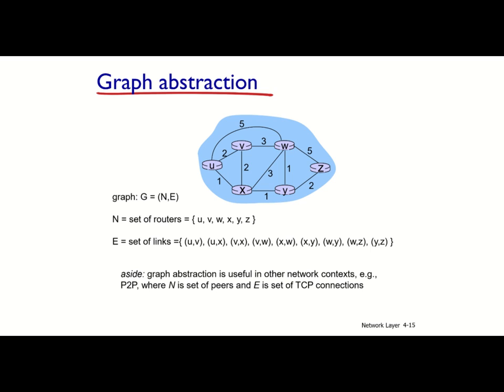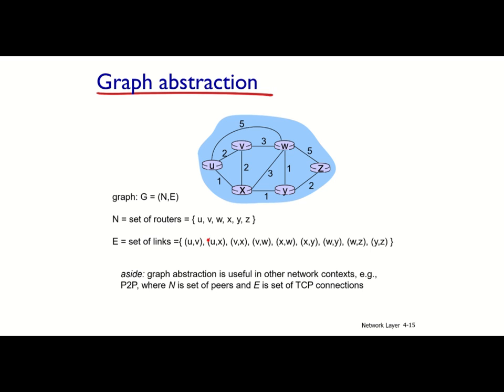If you remember from your discrete math class, a graph is an ordered pair of two sets. The first one is called the node set, or set of nodes, and the second one is called the set of edges that connect these nodes. In this example, the set of routers is the set of nodes, and the set of links between routers is the set of edges.